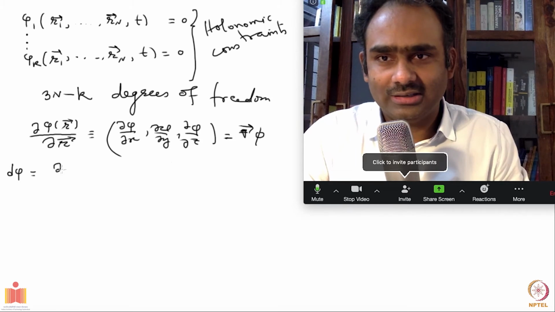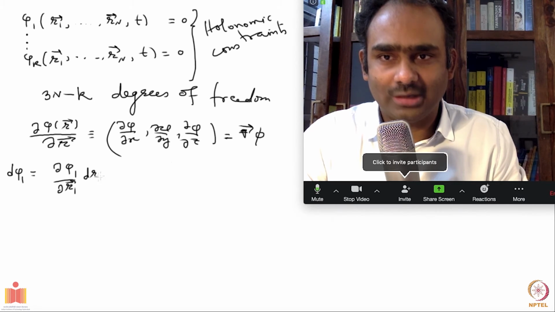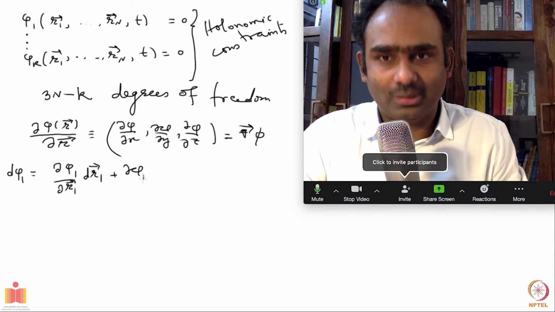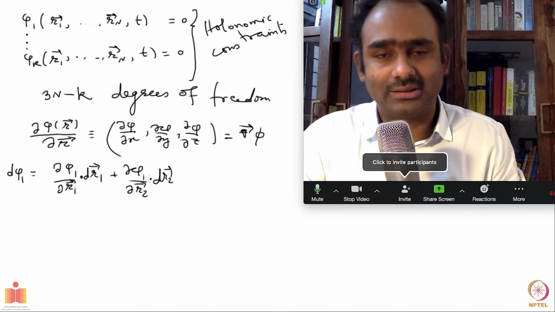So it becomes ∂φ1 over ∂r1 dr1, plus ∂φ1 over ∂r2 dr2. I'm looking at the first constraint still. So there have to be dot products here, right? Because you are dotting two vectors.